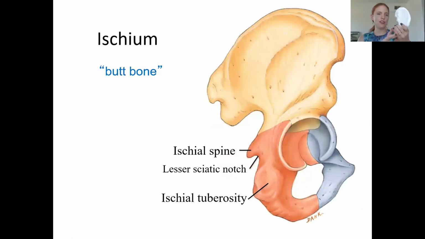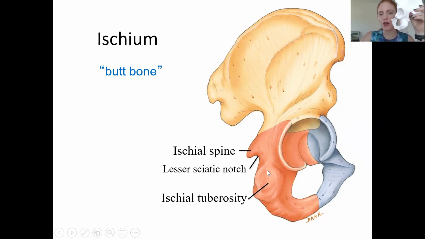On to the ischium. The ischium, that's your butt bone. That's what I call it. That's the one in the back. Remember that the pubis is more angular, and the ischium is more lumpy and rounded.